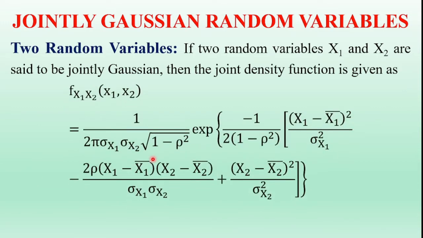f_X1X2(x1, x2) is equal to... The suffix X1 X2 denotes the two random variables X1 and X2, and x1 and x2 are the values of the random variables.